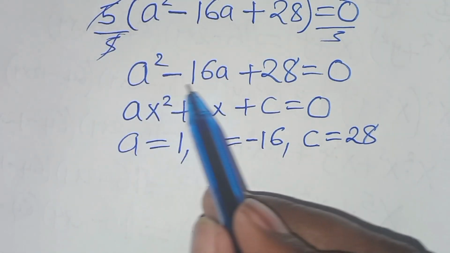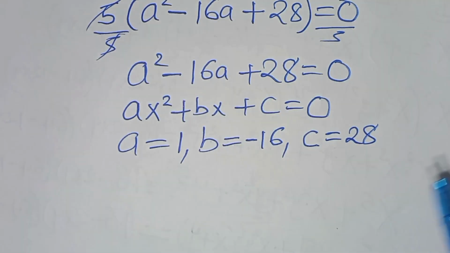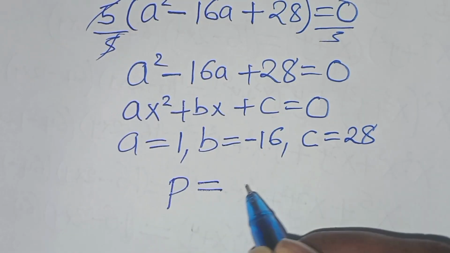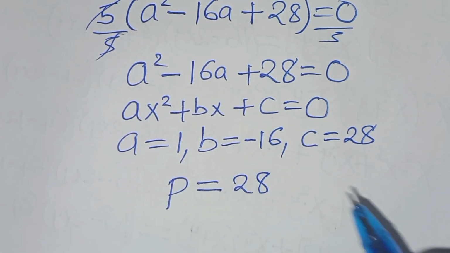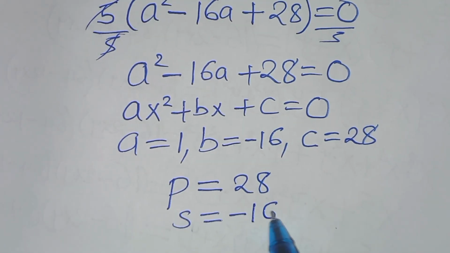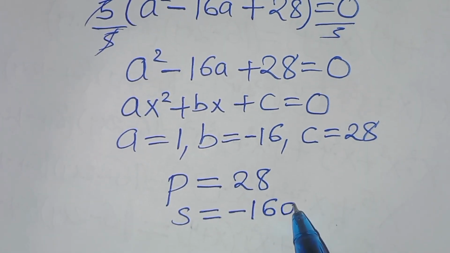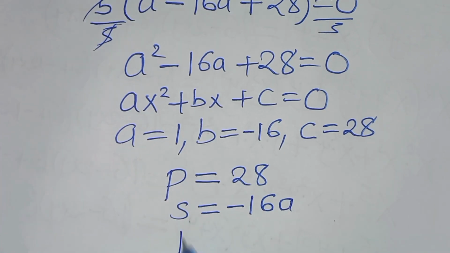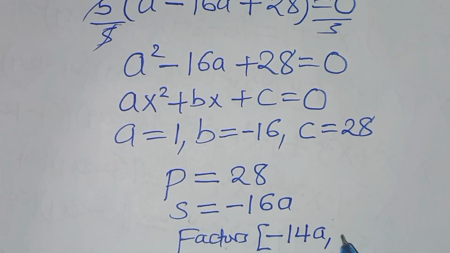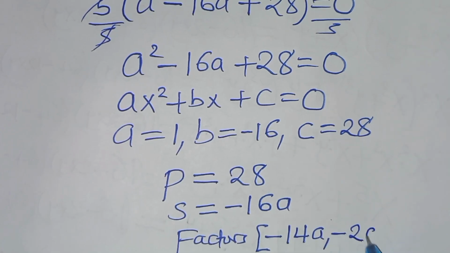So we can solve this quadratic equation by applying the factorization method, where we have the product as 28. The sum here is equal to minus 16. This is minus 16a. So these two factors, we have minus 14a, we have minus 2a.